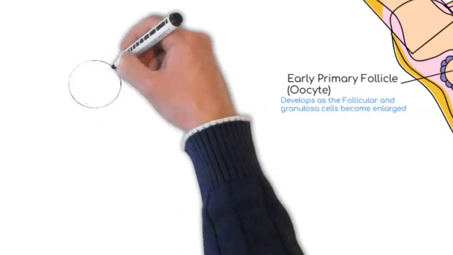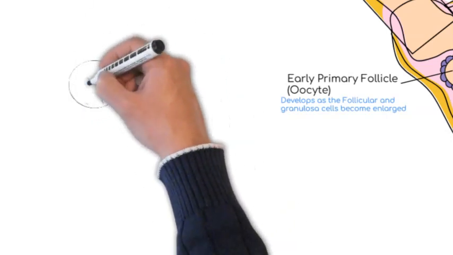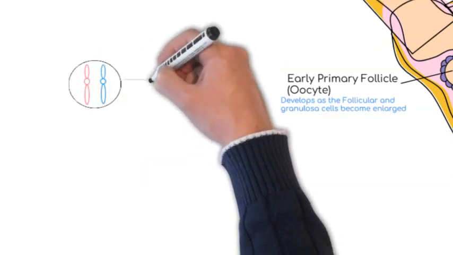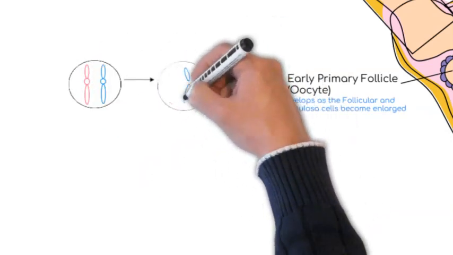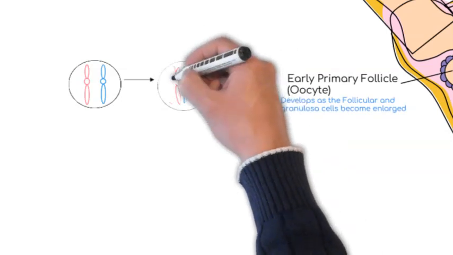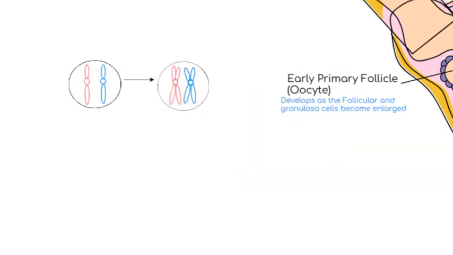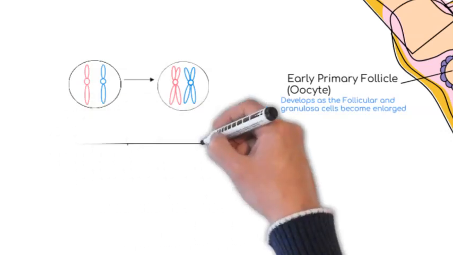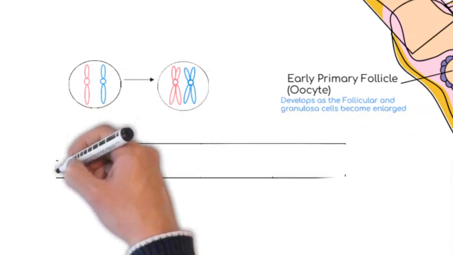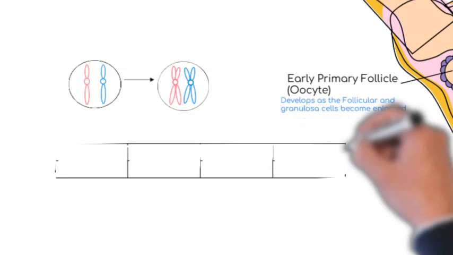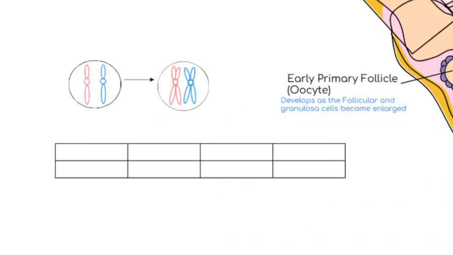So now we still have 46 chromosomes, but they are double structured. That's the difference between the oogonium and the primary oocyte. It's going to go into prophase 1 of meiosis, and it will have double structured chromosomes. You still have the 23 from mom, 23 from dad, but they are now replicated.